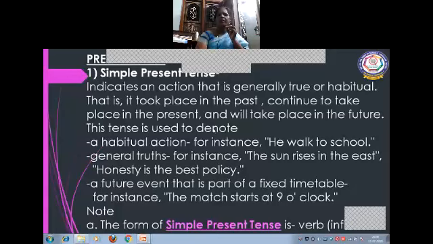Habitual action means he walks to school. I walk to school. He walks to school. General truth, for instance, the sun rises in the east. Honesty is the best policy. A future event that is part of a fixed timetable, for instance, the match starts at 9 o'clock. Note, the form of a simple present tense is verb infinitive.